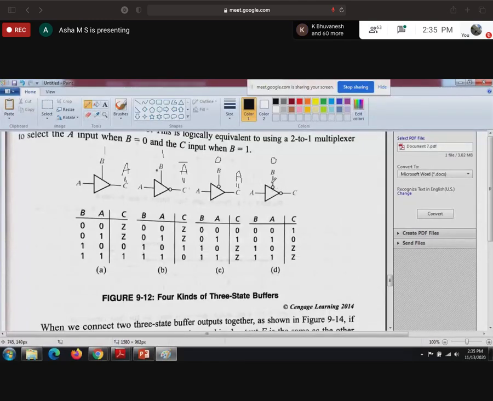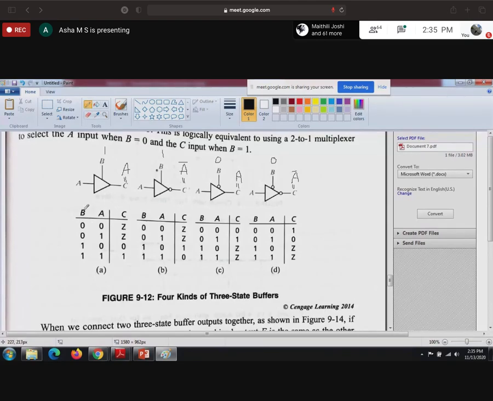Here b is also inverted, c is also inverted. So if you want this buffer to be enabled, you have to give the value 0 for b. Now what will be the value of c? The value of c is equal to a inverse, because the output is inverted. So these are the truth tables for each of the corresponding buffers.